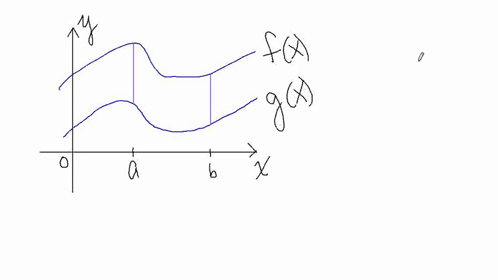Okay, the region between the graph of f and the graph of g with respect to x values between a and b. Now what if we wanted to calculate the area of that region between the graphs and between those purple vertical line segments? Okay, let's think about that.